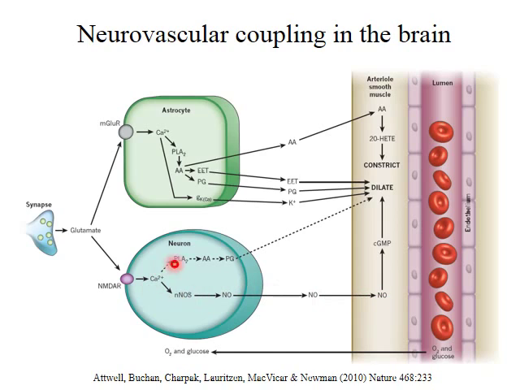And as is shown in the diagram, neurons can also synthesize prostaglandins, which can be released onto vessels and cause vessel dilation.